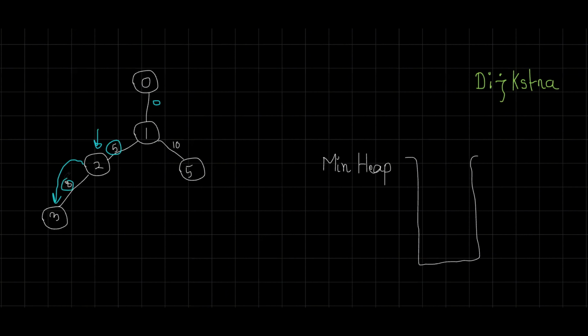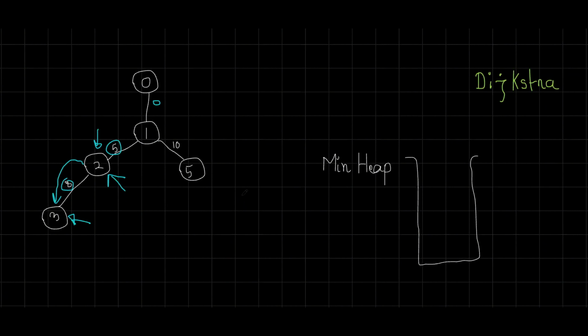So here the intuition is, suppose 2 is the parent and 3 is the child. If the time of the parent, which is 5, is smaller than the time of the child, which is 8, then in this case we can pass the secret from parent to child. This is the basic intuition.